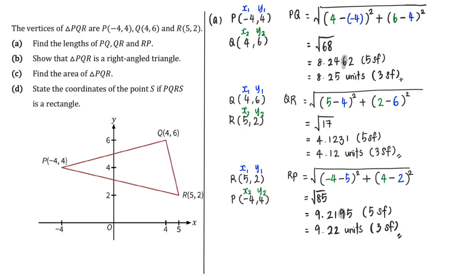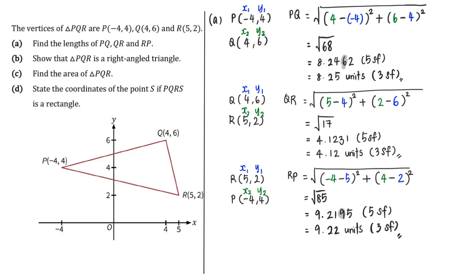Now, from part A, with these 3 lengths, we are then able to solve part B, to show that this triangle is indeed a right angle triangle, by using the converse of Pythagoras theorem.